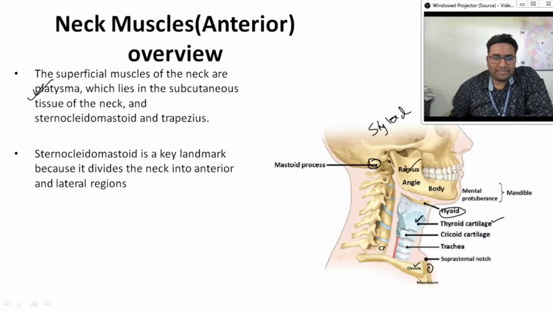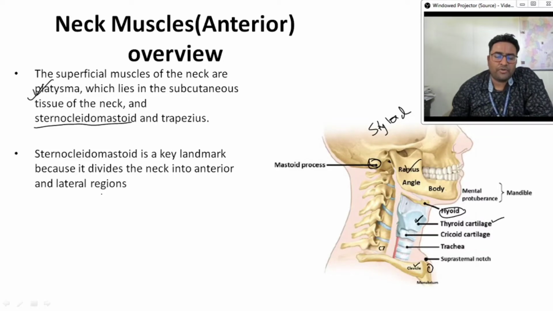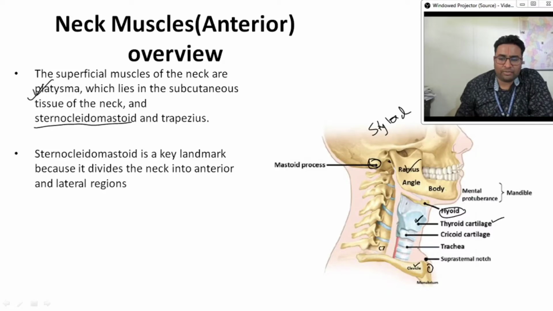Just underneath this platysma muscle, the muscle which is present is the sternocleidomastoid. Look at the name of this muscle, then only you can understand from where to where this muscle is going. This muscle extends from the manubrium and clavicle, cleido is clavicle, up to the mastoid process and also the occipital region.